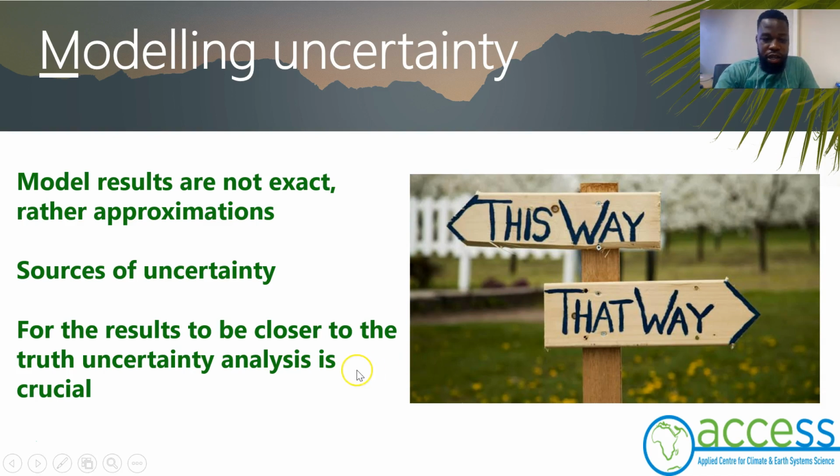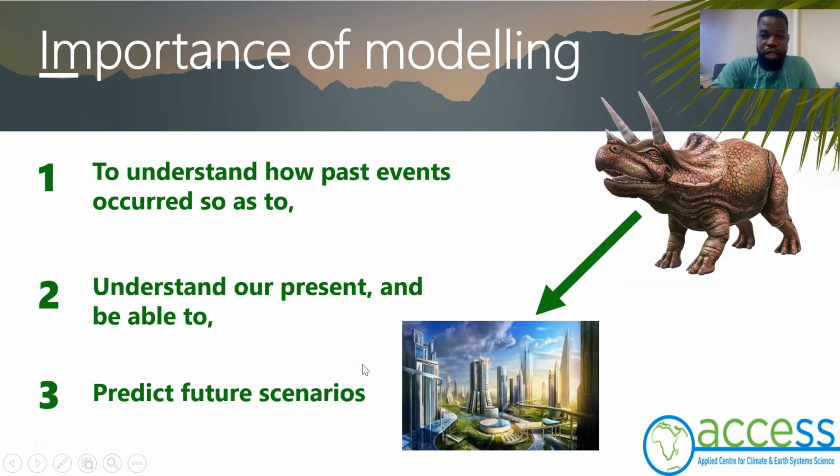The inherent uncertainties that the model itself comes with bring about uncertainty in the modeling process. And for us to have results which are very close to the truth, an uncertainty analysis is quite necessary in the modeling process, so that our approximation can be close to reality.